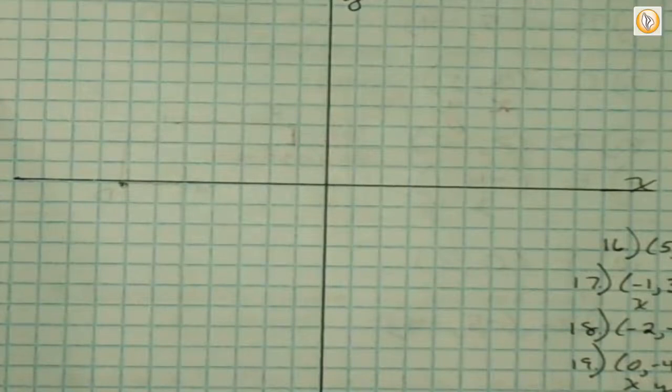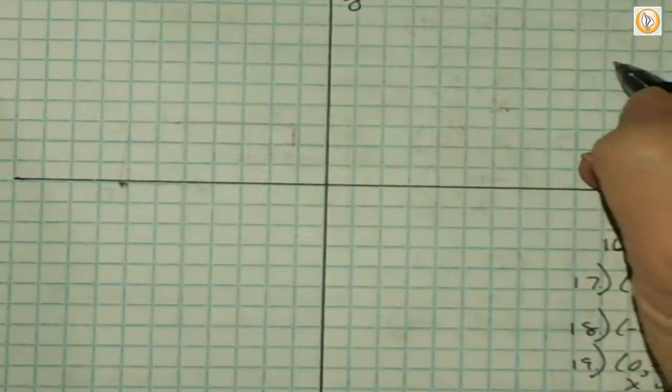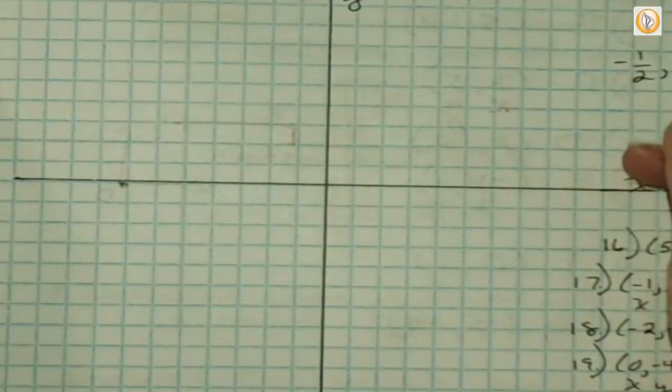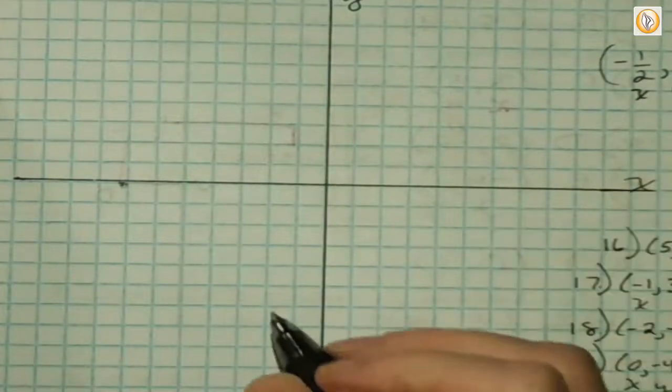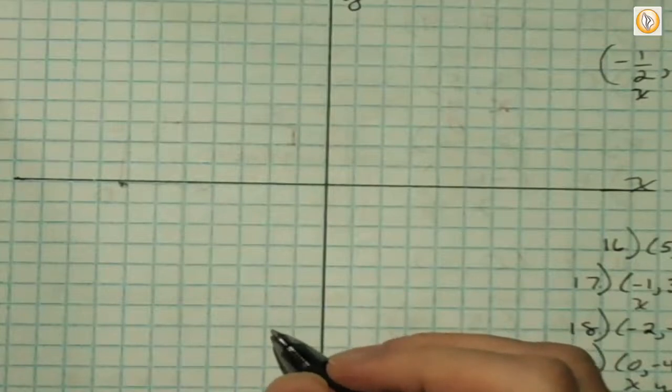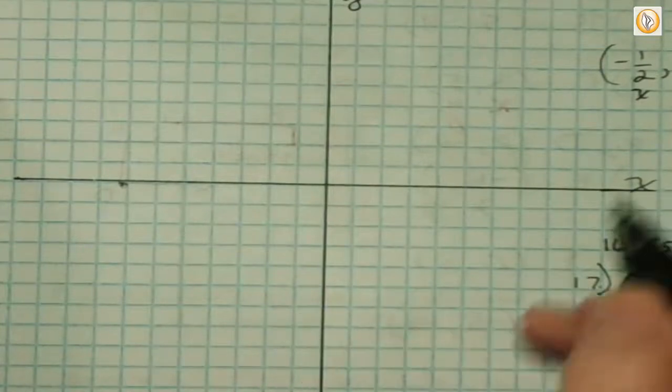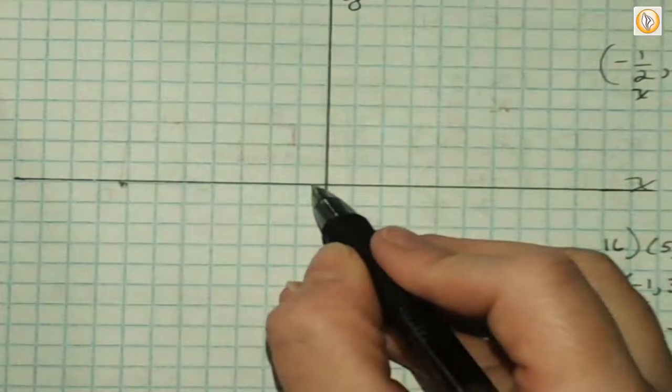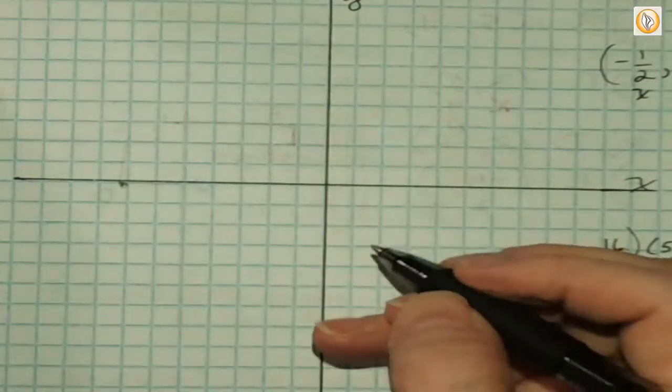Negative a half. That's not on the board. So it's negative a half and 0. Your x is negative a half, so where would that be? Negative half. Perfect, right there. But wait, and then y is 0, so does it go up or down? That's right.